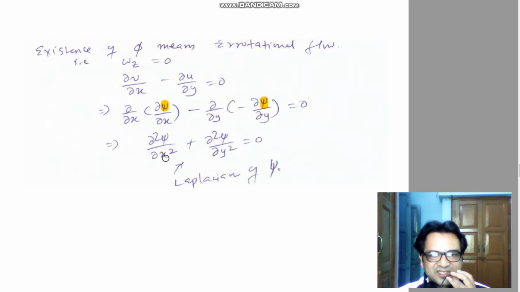So again you see it becomes del square psi by del x square plus del square psi by del y square equal to 0. Again this is a Laplacian of psi. So for a possible and irrotational flow, the stream function and the velocity potential function satisfy Laplace's equation in x and y.